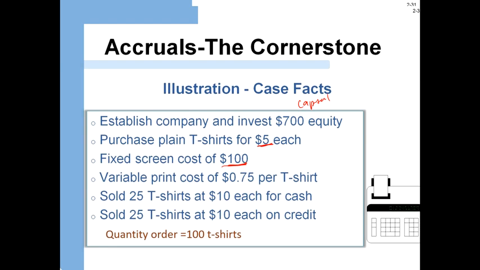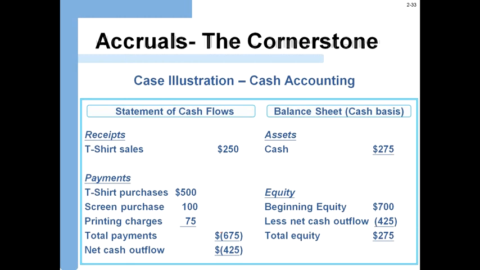So dia jual sold 25 t-shirts at $10 each for cash, and sold 25 t-shirts at $10 each on credit. So quantity ordered 100 t-shirts. Okay, this one. So now kita akan tengok kalau kita buat cash accounting dulu.